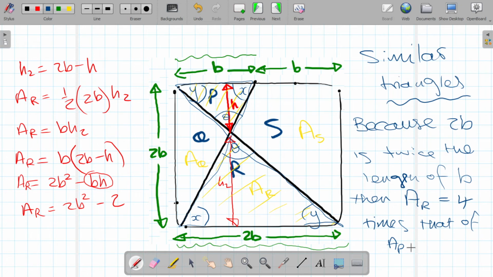How do I work out that the area of triangle R is 4 times this area?